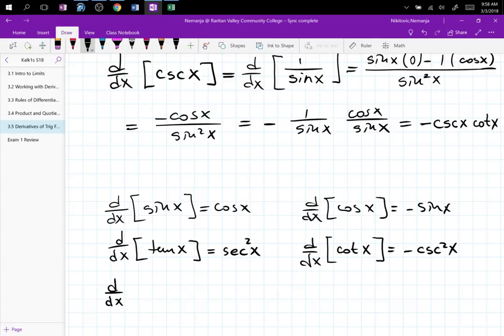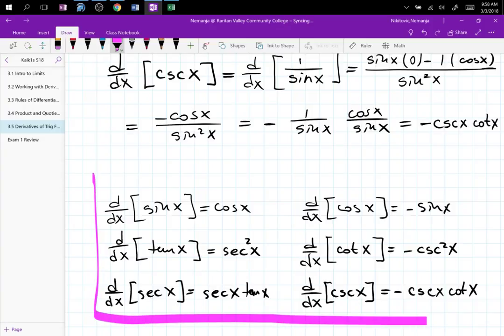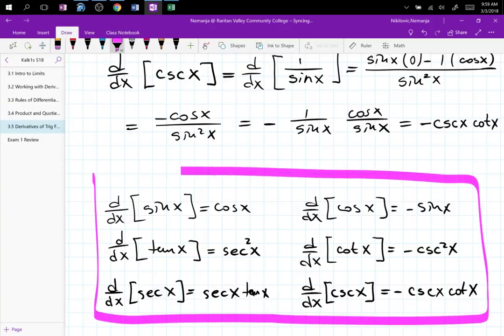The derivative of secant x is secant x tangent x, and the derivative of cosecant x is negative cosecant x cotangent x. All 6 in one spot.